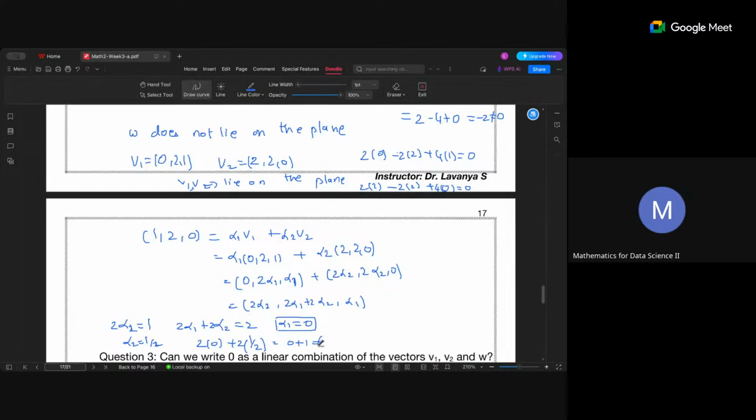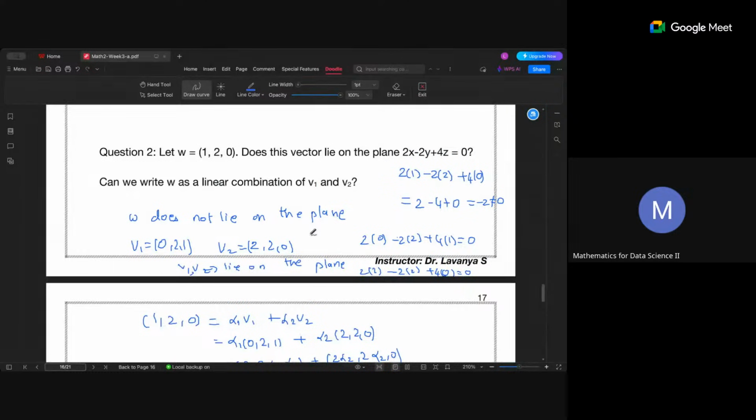It is not equal to 2. So, no solution. What does this mean? You cannot write (1, 2, 0) as a linear combination of V1 and V2. So, the answer is no.